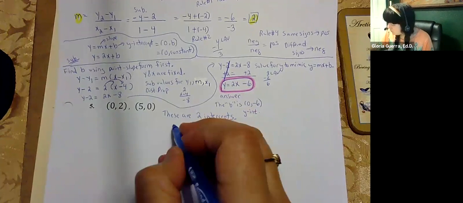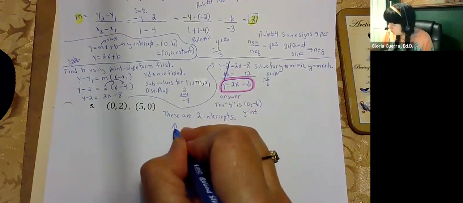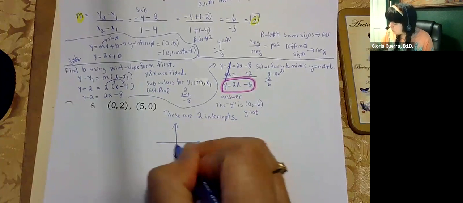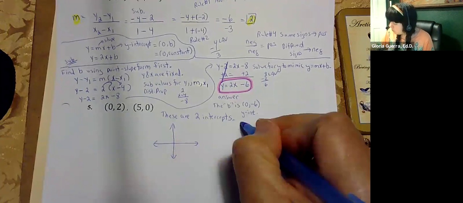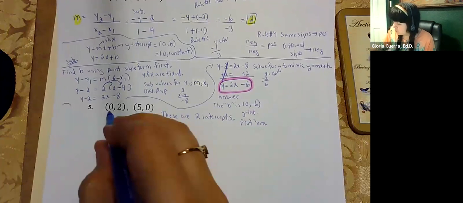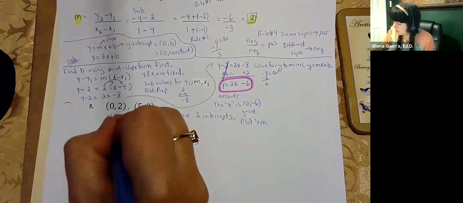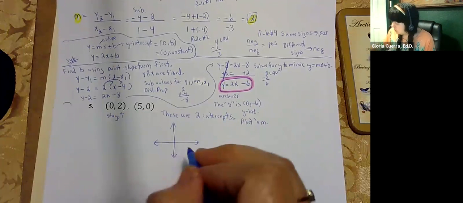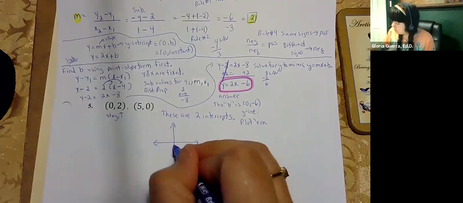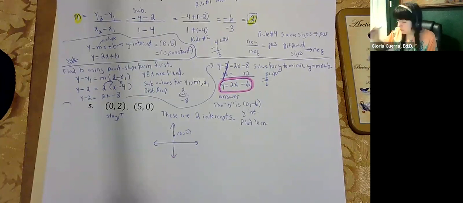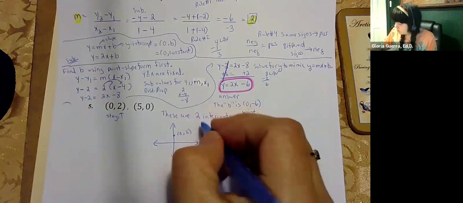So if I just sketch them, if I just plot them, 0, 2 tells you to stay and it goes straight up. So stay and it goes straight up. 0, 2. So you see that's the y-intercept. That's the y-intercept.